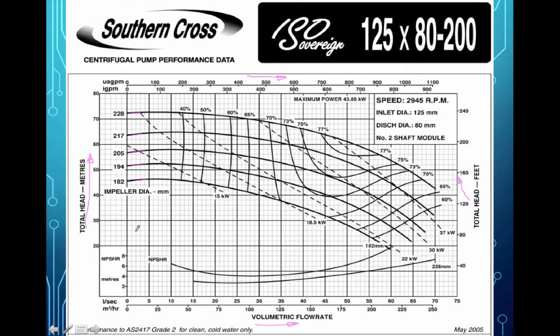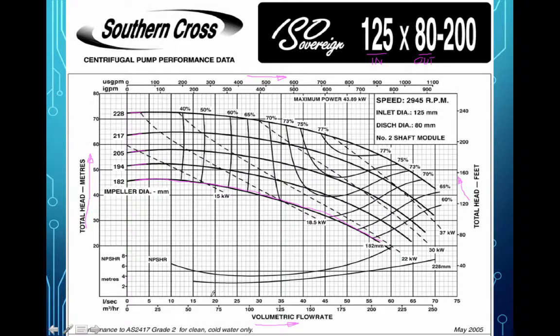So this one takes 125 millimeter inlet diameter to an 80 millimeter outlet, so it's actually producing a nozzle effect by virtue of that. And then the dash 200 refers to a model number. And so with a 182 millimeter diameter impeller, this is the pump curve that the pump will operate on.